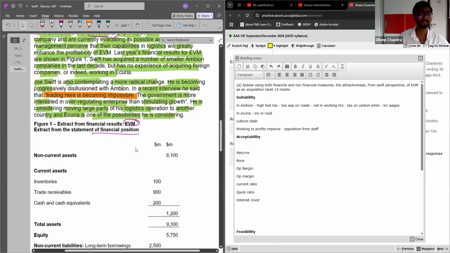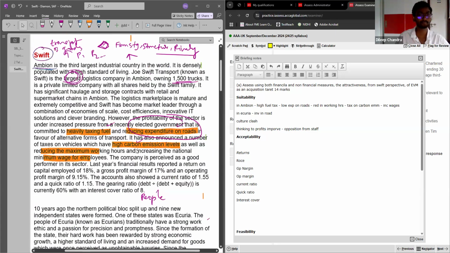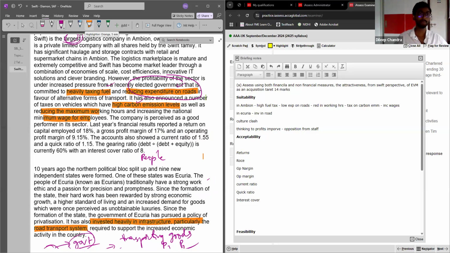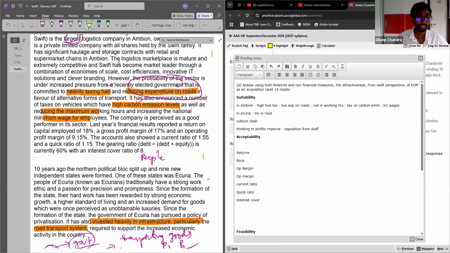Why did they not give? What could be the possible reason? Because the examiner had already calculated what ROCE, what GP margin, what operating profit margin, what gearing ratio of SWIFT. So that is why he did not give. Understood?